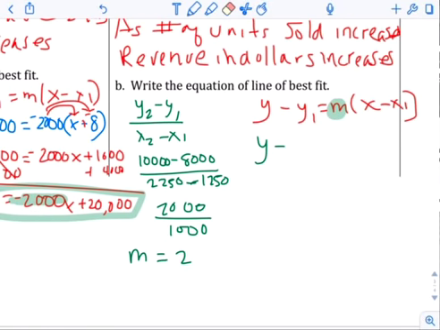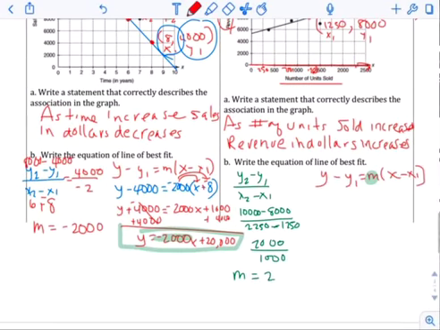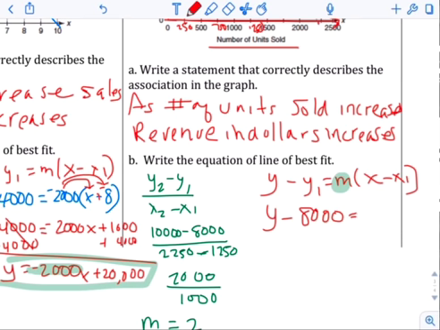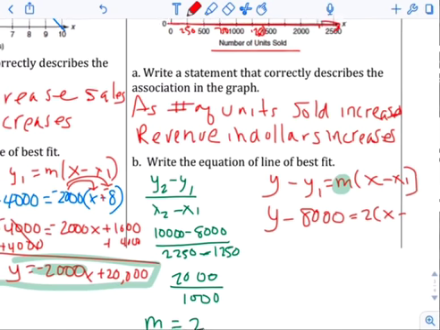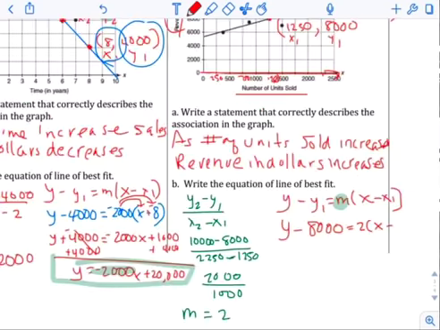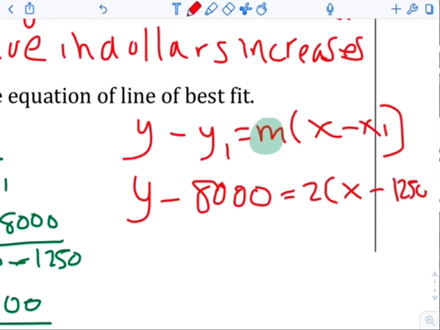y minus y1, 8,000, equals 2 parentheses x minus x1. I'm almost done, honey. Okay, and then distribute.